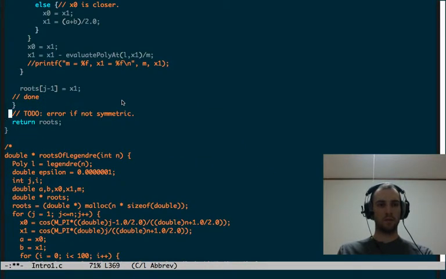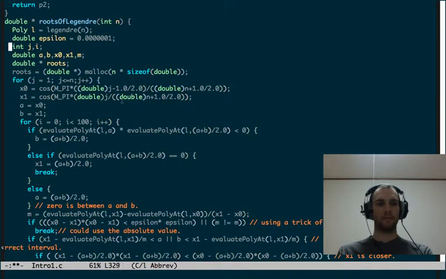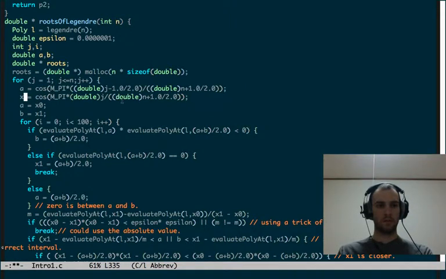Let's see what happens. Level A, B, that's all garbage. So that's A. That's B.